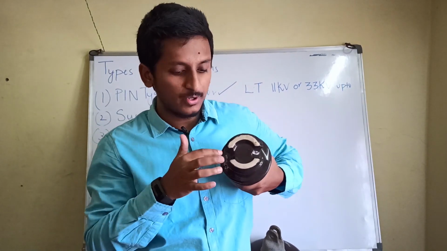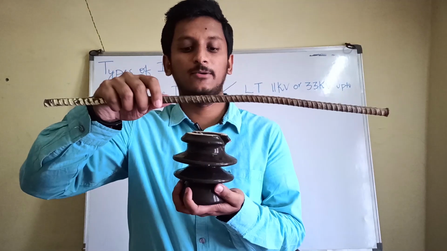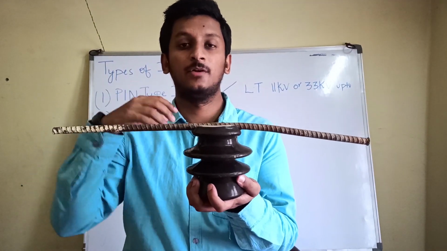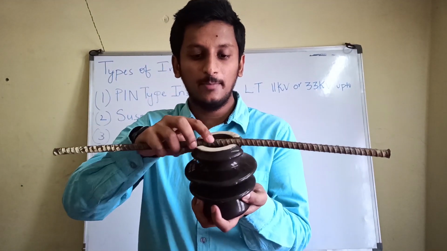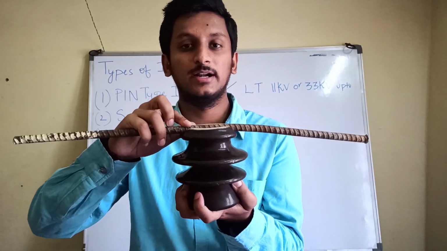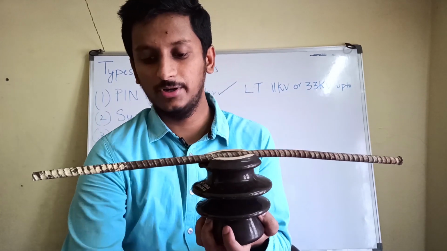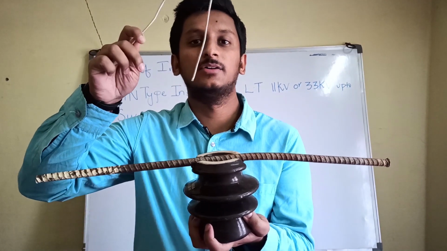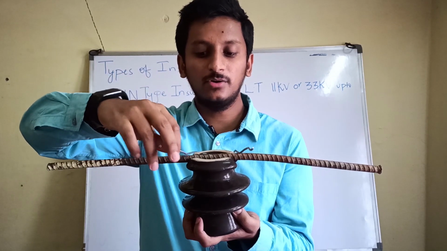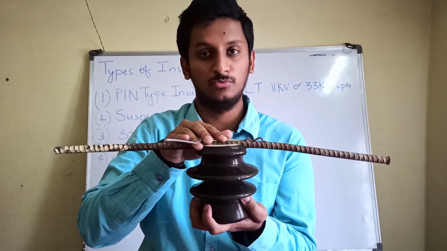In this groove you are going to take your conductor and place it here. After placing the conductor like this, we are going to take an annealed wire and tie it to the conductor so that the conductor doesn't move.